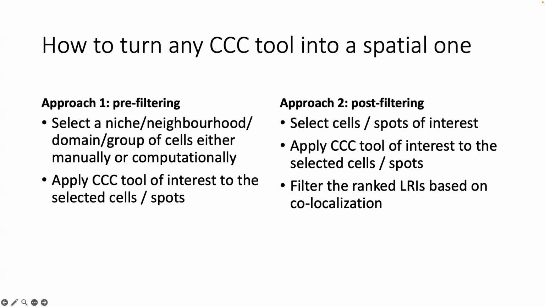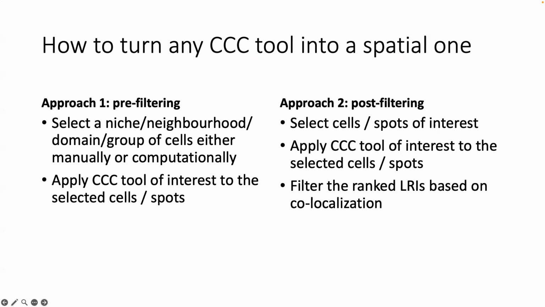The second approach is that you do post-filtering. You use the spatial information a posteriori to adapt your ranking. So you first apply your cell-cell communication tool of interest. You get a ranking of all your ligand-receptor interactions, and then you filter that ranking to keep only the ligand-receptor interactions that are co-localized or are part of the same niche, right?